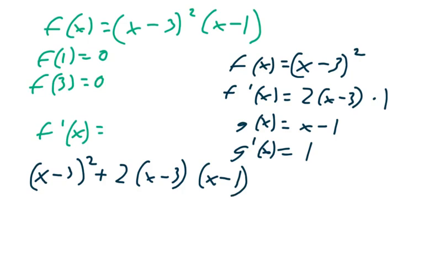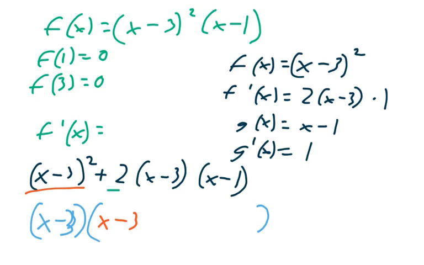Now normally I would go ahead and tell you to distribute and simplify this out, but since they both have an x minus 3 in common, I am going to factor out an x minus 3. When I factor out an x minus 3, in the first part, I still have an x minus 3, and in the second part, I have a 2 and an x minus 1.